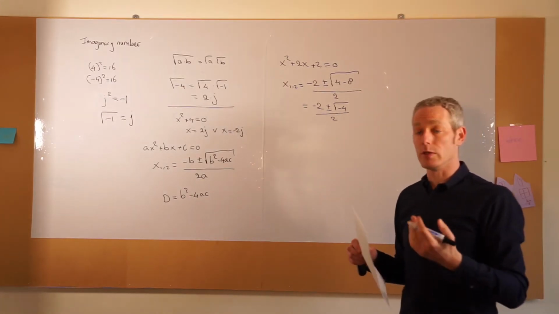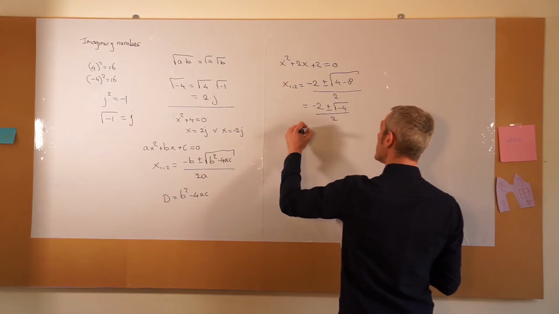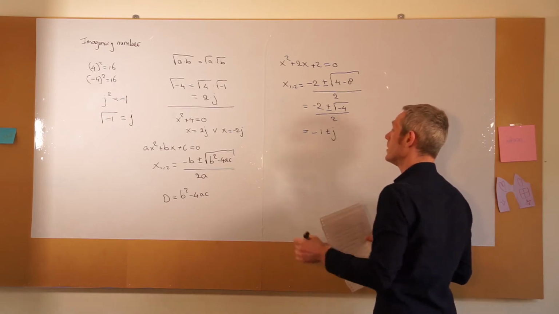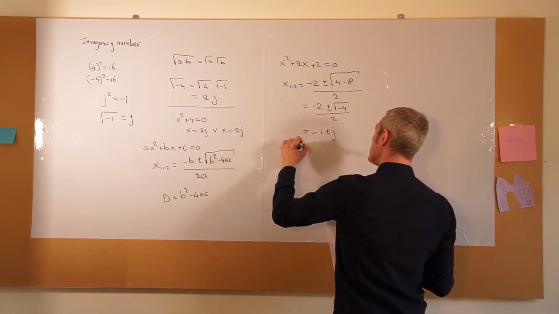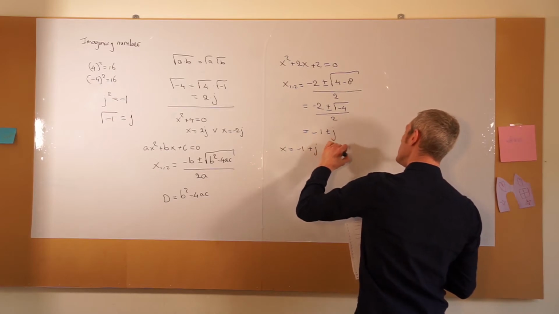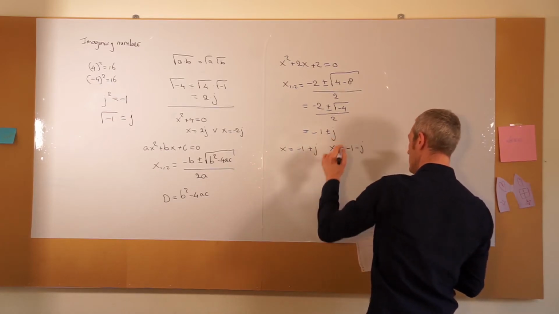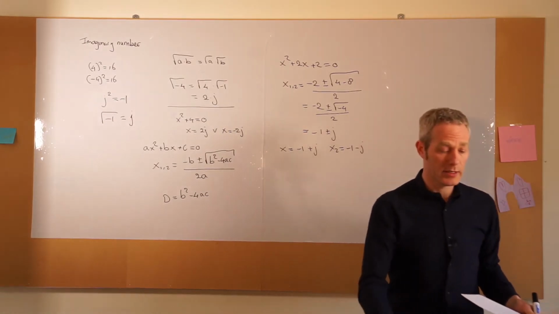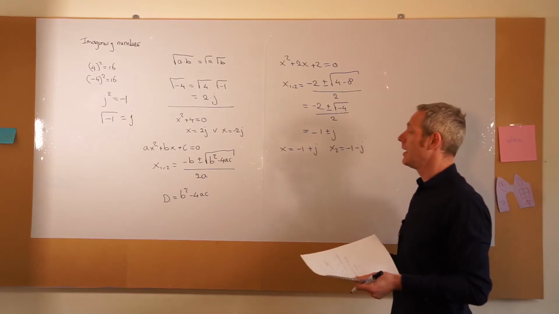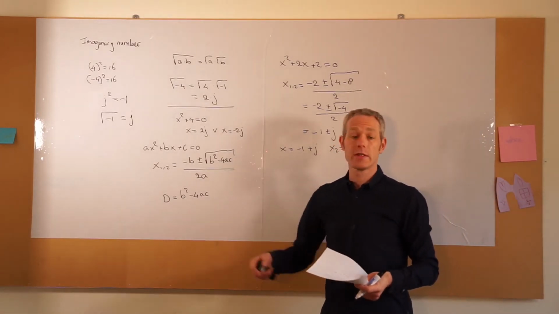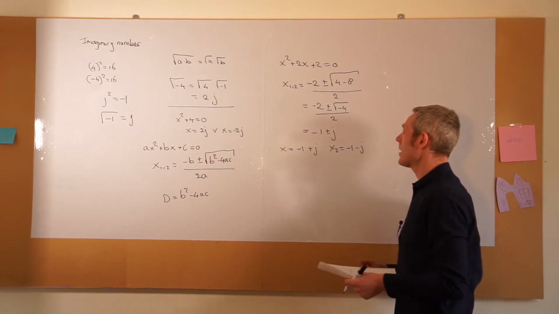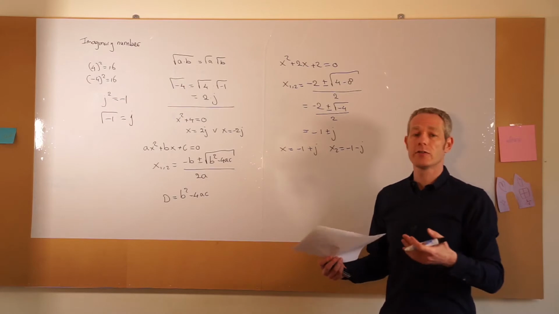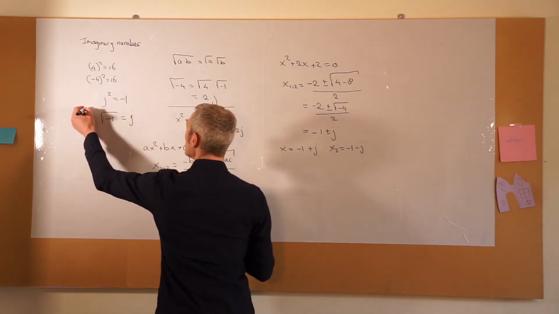It is 2j. And the solutions are minus 1 plus or minus j. So x1 is minus 1 plus j, and x2 is minus 1 minus j. So now we have 2 solutions to a second order equation where the discriminant is negative. But we see that we couldn't have done that with real numbers. We had to introduce this imaginary number j.